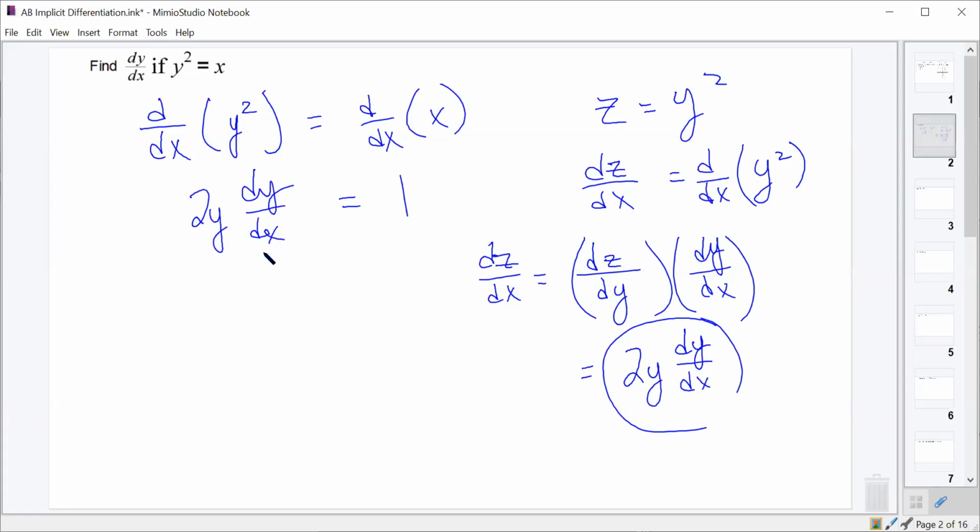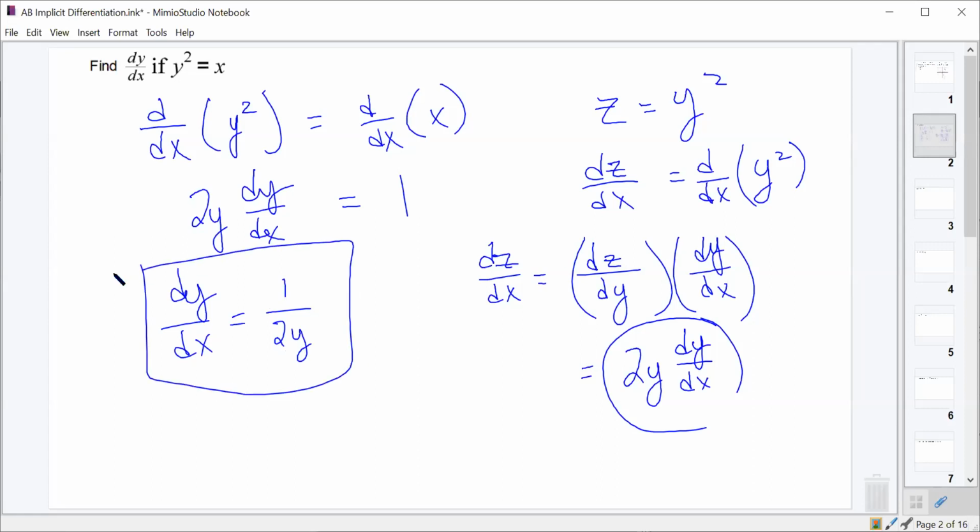So 2y dy/dx equals 1. Does that make sense or no? It does. All right. So we end up with our derivative dy/dx equals 1 over 2y. And that's our derivative. That's it.